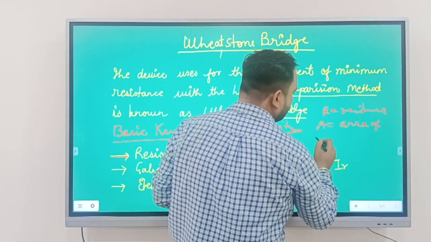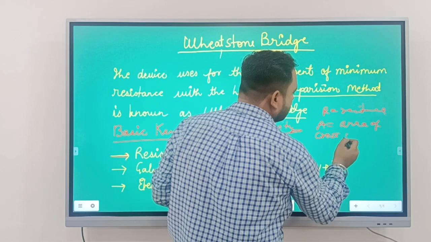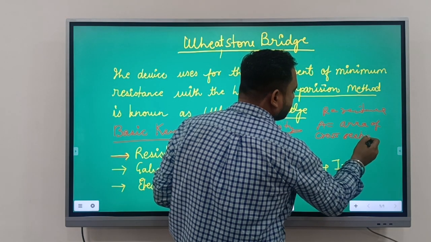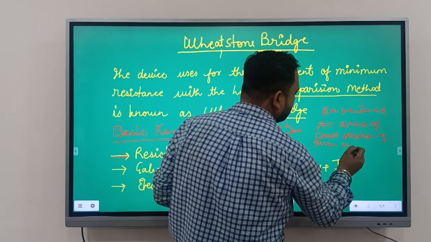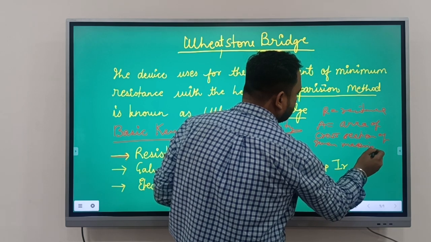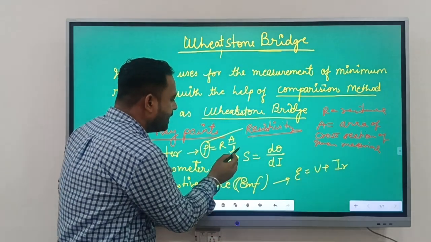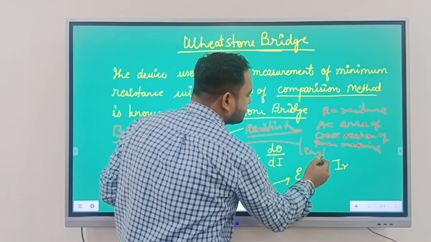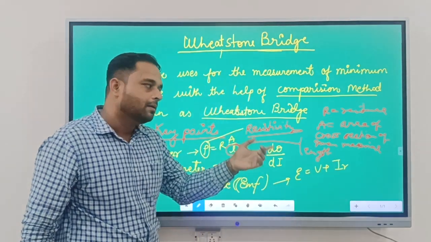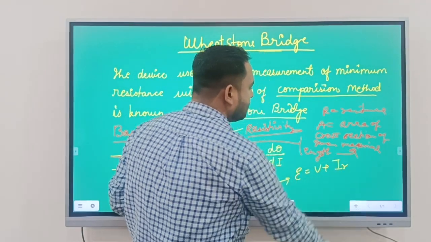A is the area of cross section of the given material, and L is the length of the material.